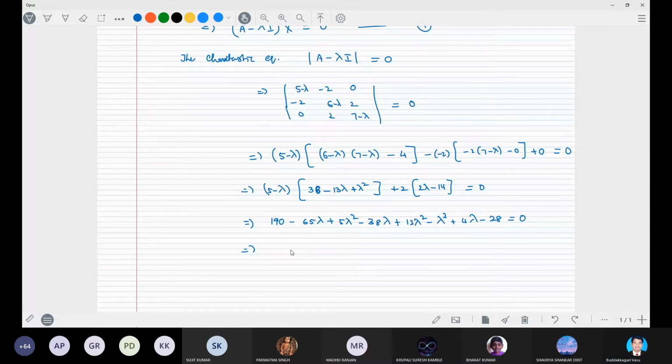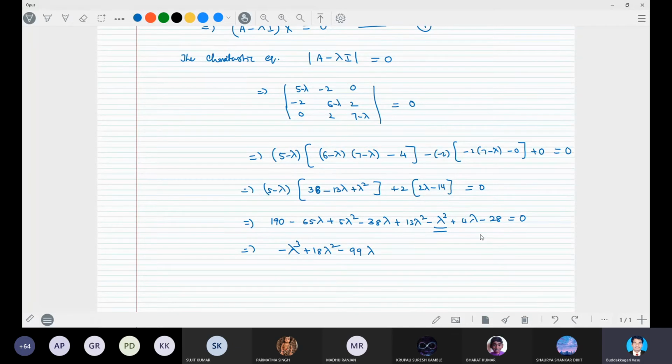Simplify this. Minus lambda cube, lambda square terms 13 plus 5, 18 lambda square, lambda terms minus 65 minus 38 plus 4, minus 99 lambda.